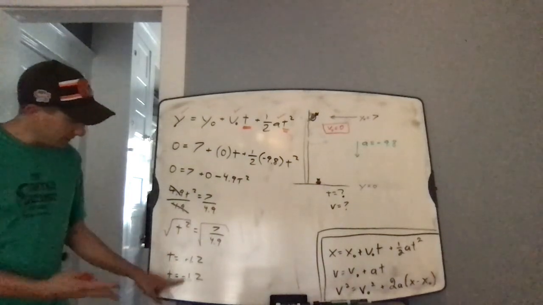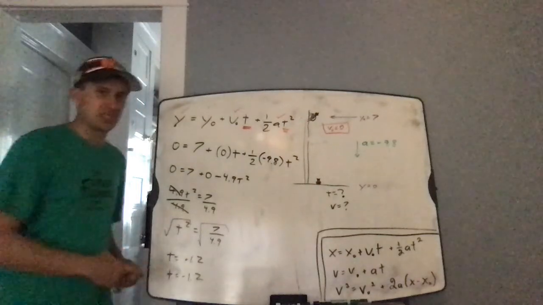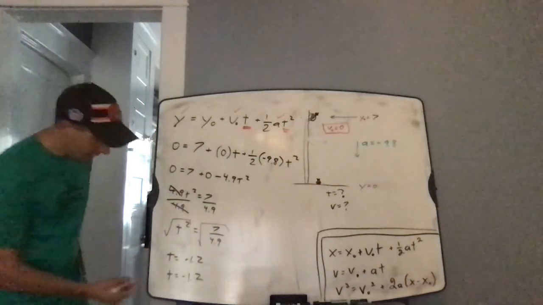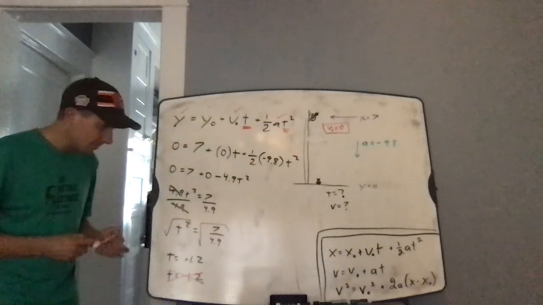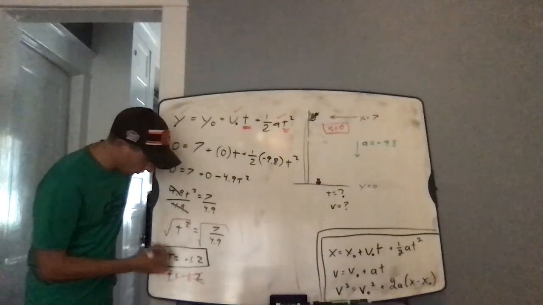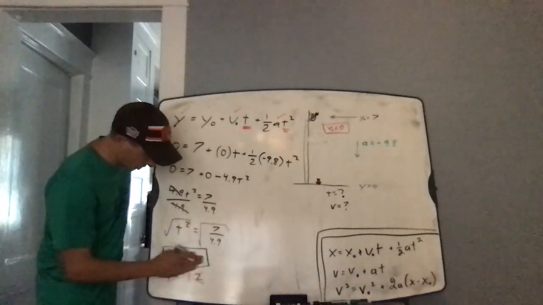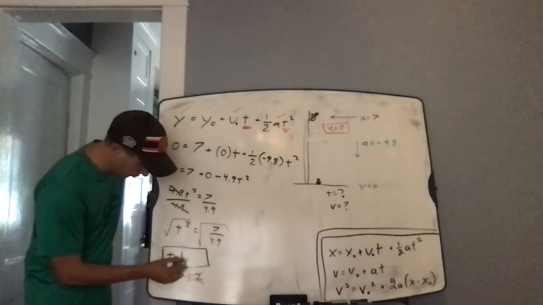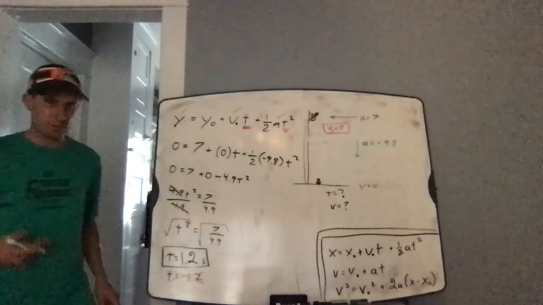Now mathematically, this solution is fine, but when I connect the math to what's physically happening in the problem, I realize this answer is unphysical, so I'm just going to throw it away, and the bear will hit the ground 1.2 seconds later. So I'll get rid of the plus sign and write 1.2 seconds for the time the bear hits the ground.